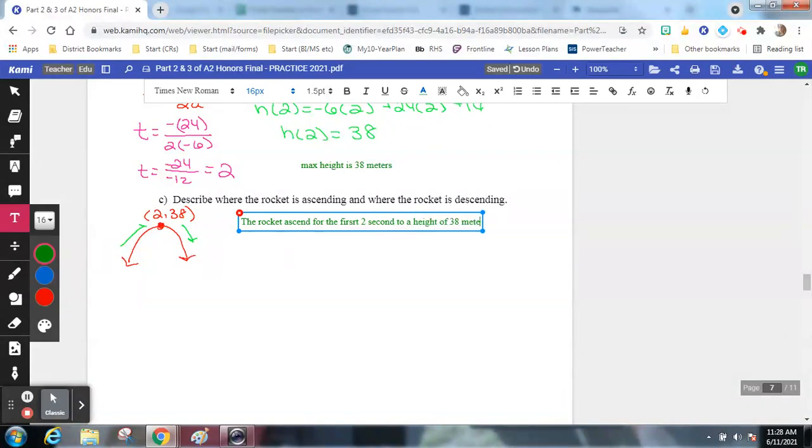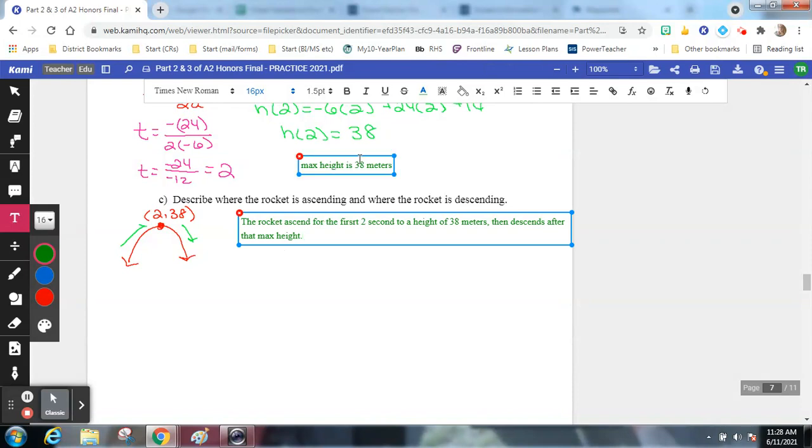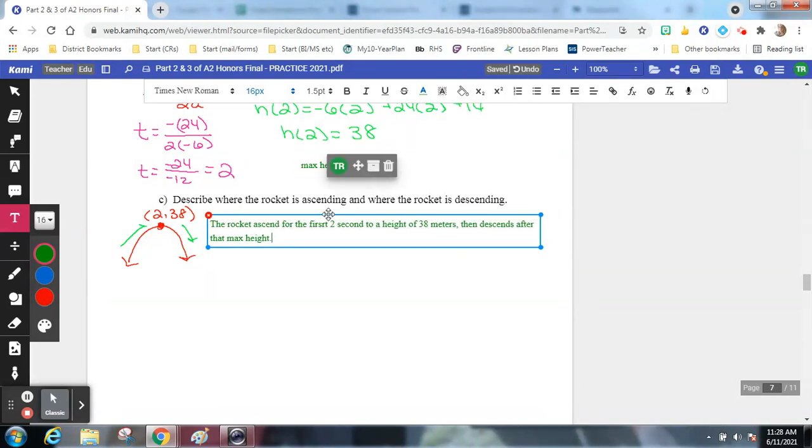I'm just explaining what's happening. Then it descends after that point, or that maximum point. So again, you're just describing in words what is happening here, using the fact that I know what a maximum is. I know it's going to go up, hit that point, and then down.